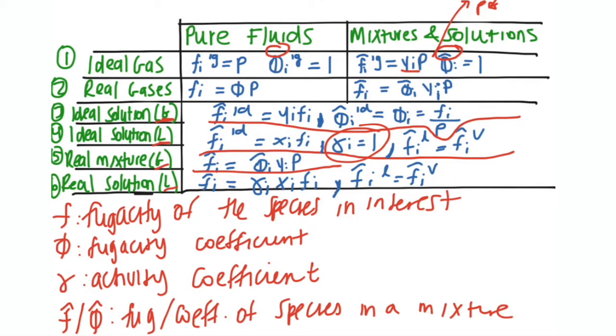That's what you see in all these equations I've given you, okay? So the rest of my video explains how to find things like the fugacity coefficient of a species in a mixture, how to find the fugacity after we find that, okay? And how to simplify equations. That is what my whole video goes through.